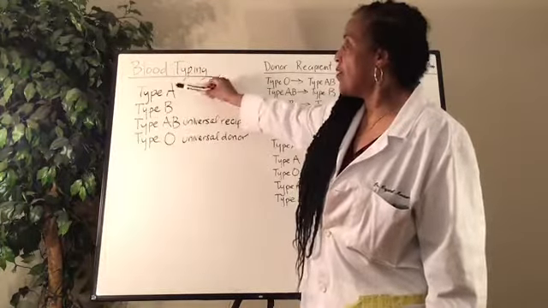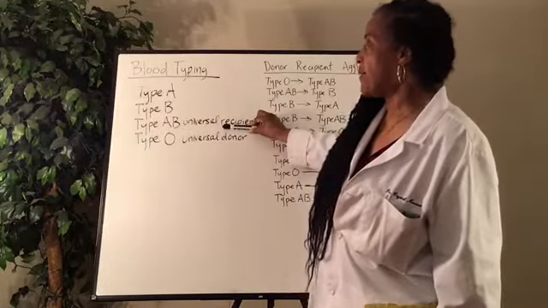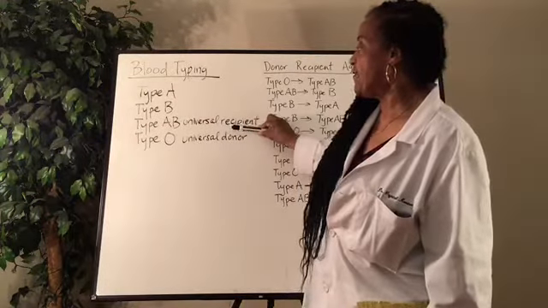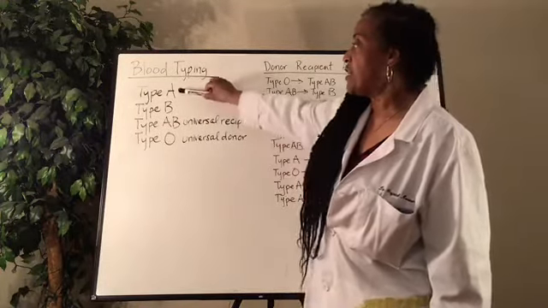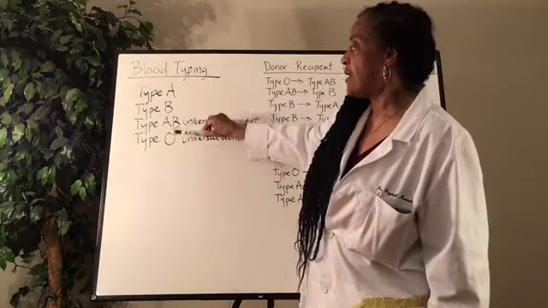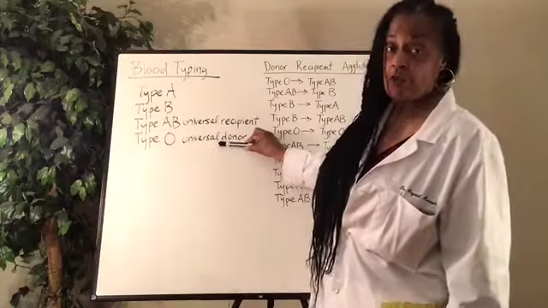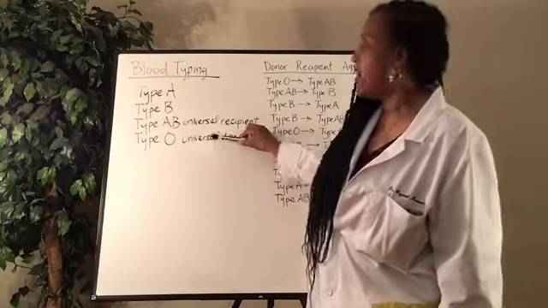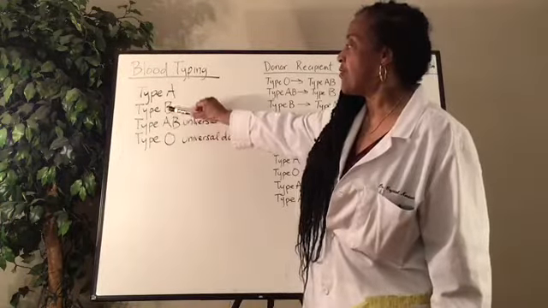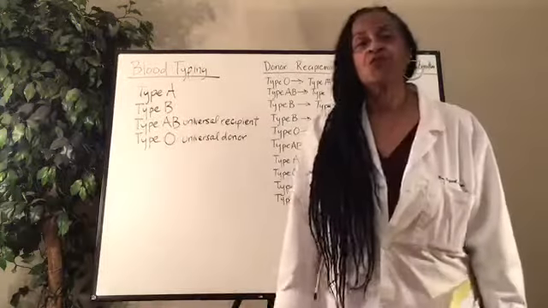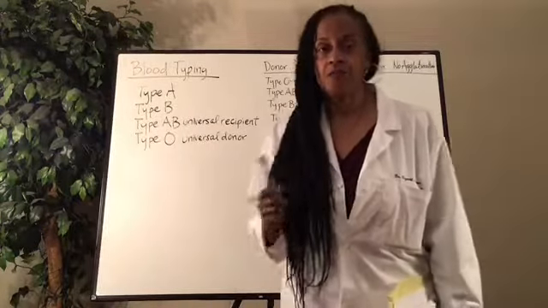But otherwise, type AB, the recipient, can receive blood from everyone. Type O, the universal donor, can give blood to everyone. Okay? So those are the things we're going to talk about first.